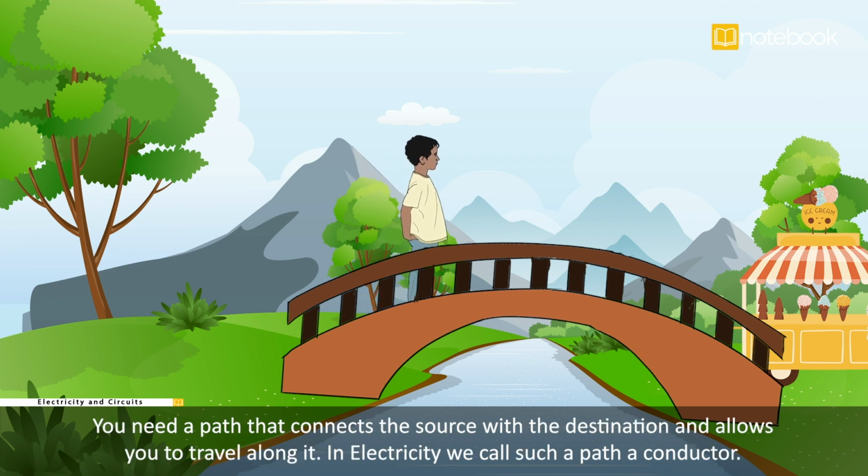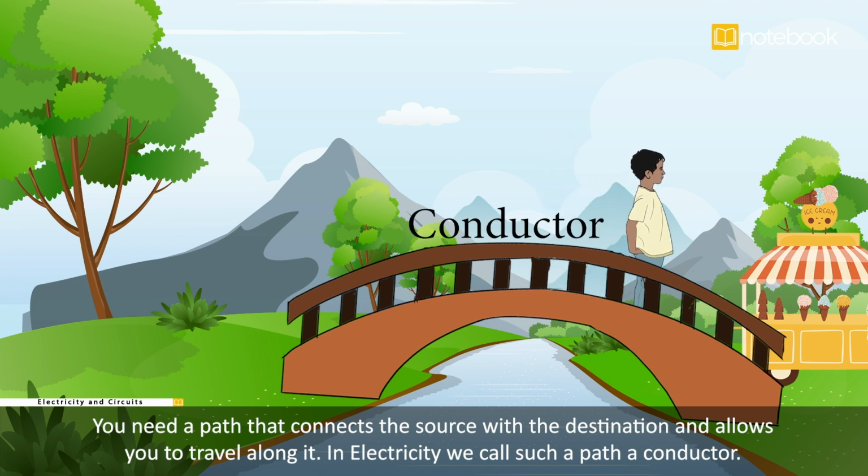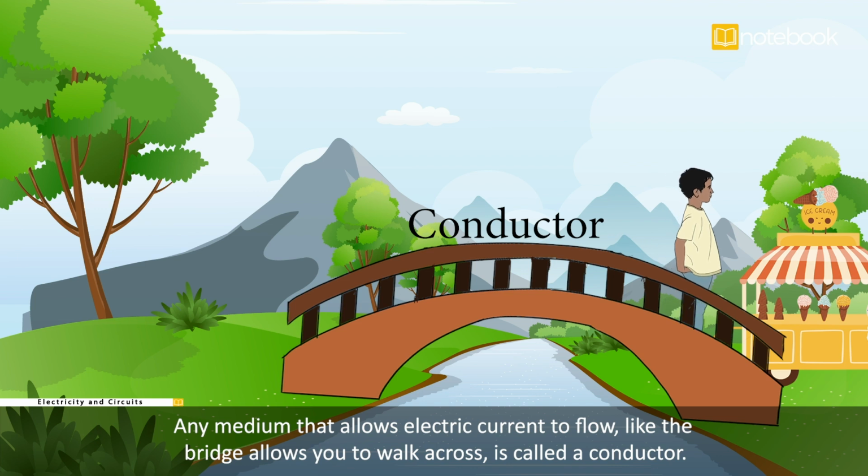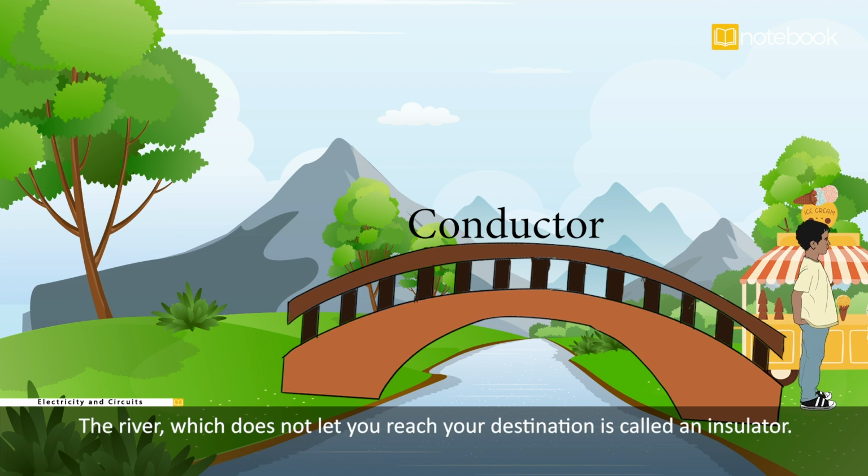You need a path that connects the source with the destination and allows you to travel along it. In electricity, we call such a path a conductor. Any medium that allows electric current to flow, like the bridge allows you to walk across, is called a conductor. The river, which does not let you reach your destination, is called an insulator.